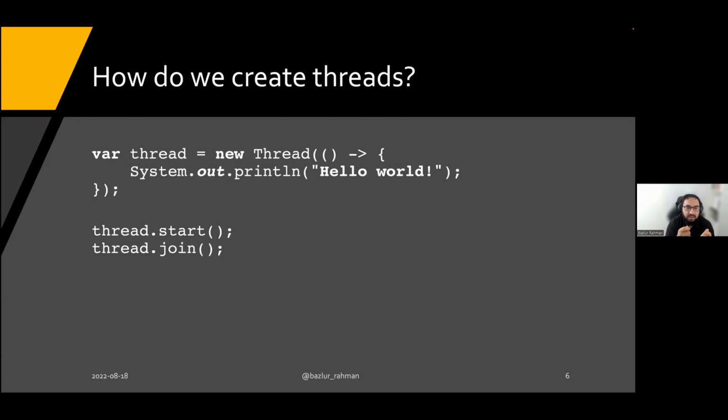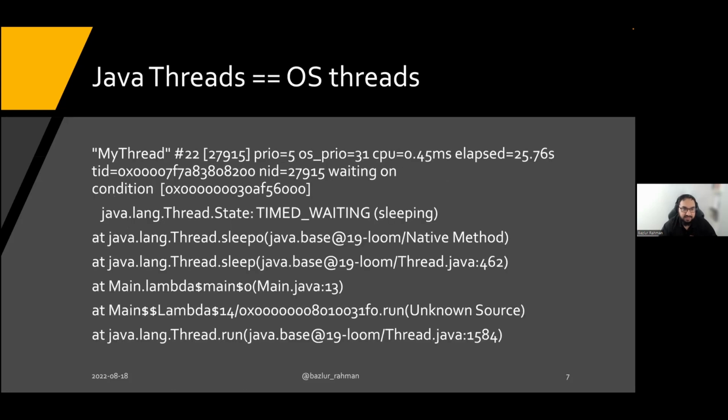We create an instance of new Thread, and we provide a Runnable. Since Java 8 we have lambda expressions, so we can provide a lambda expression, which is what I have used here, but you can provide an anonymous inner class as well, which is an instance of Runnable, right? And then whatever you put inside that Runnable is going to be executed by this particular thread, and then you can start the thread. So that's how we basically create threads.